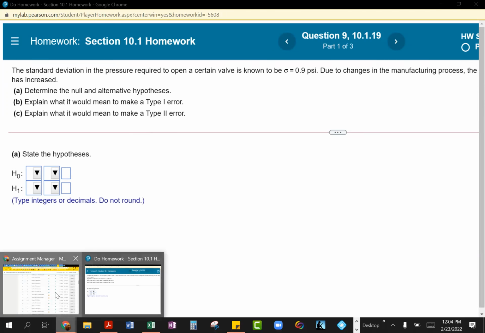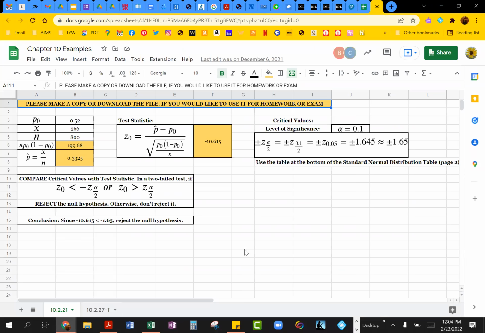So for this, remember I shared the second link with you. Oh, hold on a second. Did I pick the wrong example? I think I did. Because I have 10 to 21.